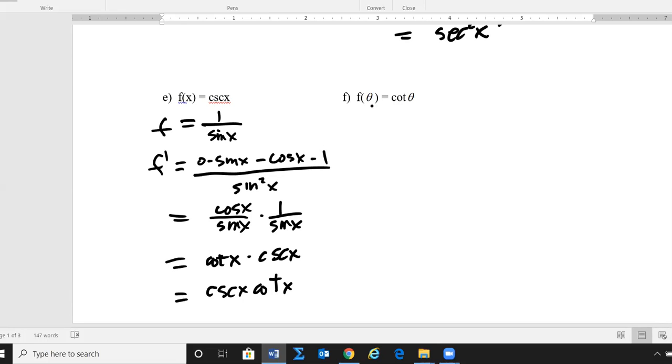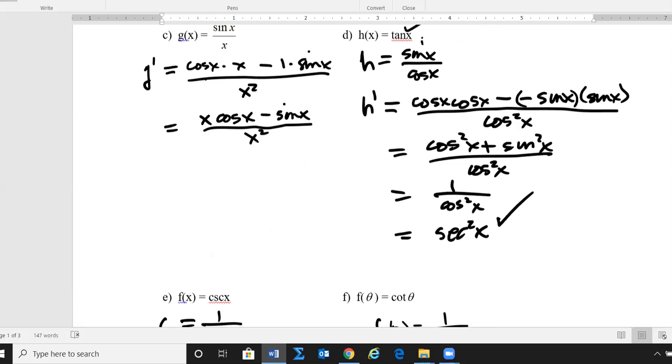Okay, now we have another one here, it's cotangent. Now there's a couple of ways we can do this since we already know the derivative of the tangent. You could say, okay, f of theta is 1 over the tangent. And then start right in, f prime of theta, the derivative of the numerator times the denominator minus the derivative of the denominator. Now, we did that tangent one, didn't we?